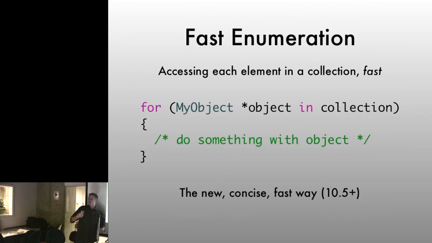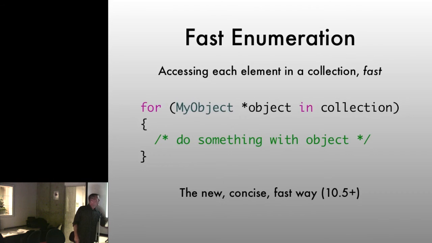This will iterate through every single object inside your collection and set the object variable to be that item. You can do whatever you want with that object, and it'll iterate through correctly, just like the old enumerator, until it reaches the end of your collection, and then you're done.